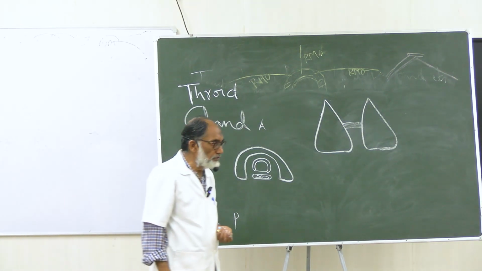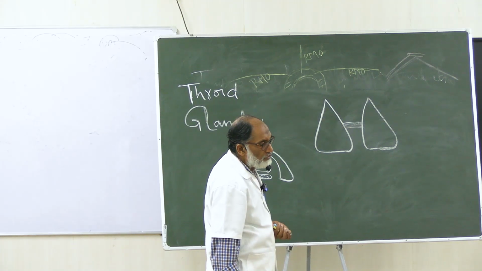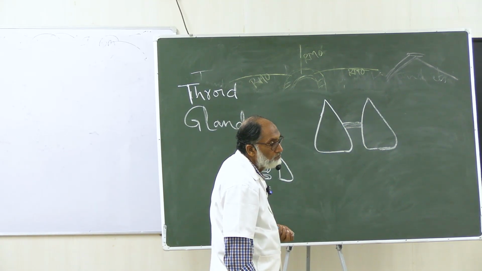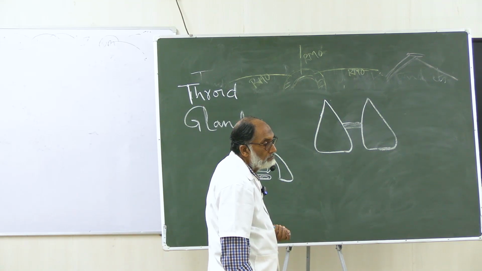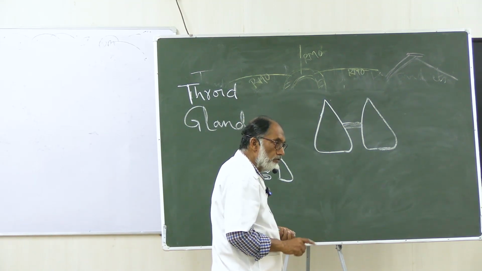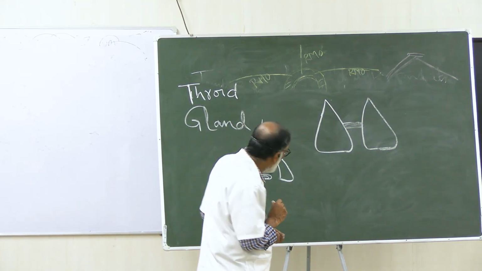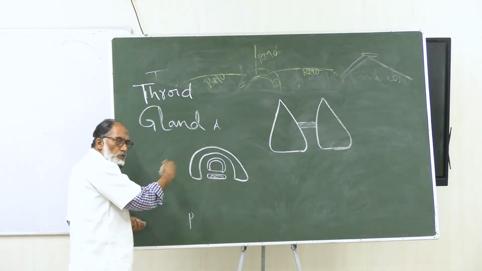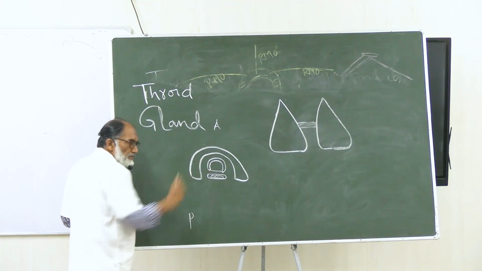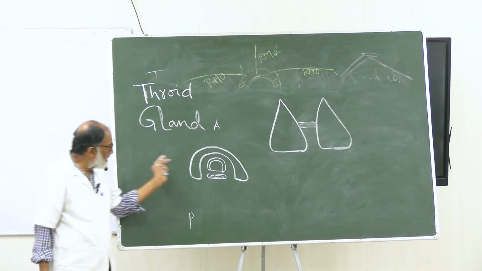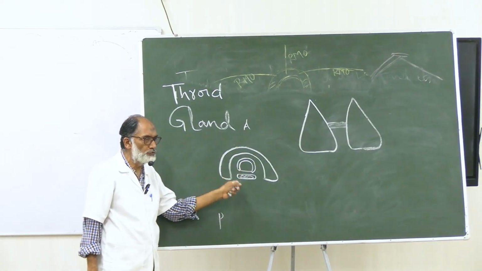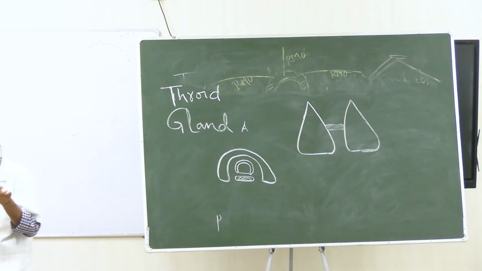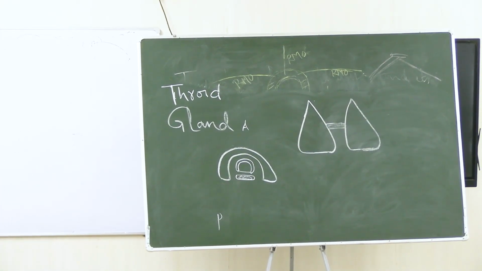According to structure, this surface, the medial surface, lies next to the tubes. There are two tubes, trachea and esophagus. So this surface is also known as the tubal surface.